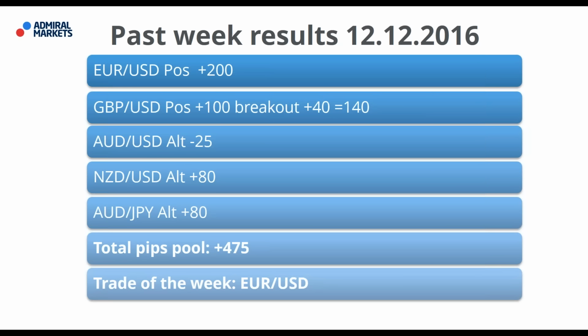Pound-dollar positional trade was good for 100 pips. Breakout trade was good for 40 pips. Australian dollar alternative trade was minus 25 pips. Then New Zealand dollar alternative trade was good for 80 pips. Australian dollar yen alternative trade was good for 80 pips. Total pips pool 475. And trade of the week definitely euro dollar.